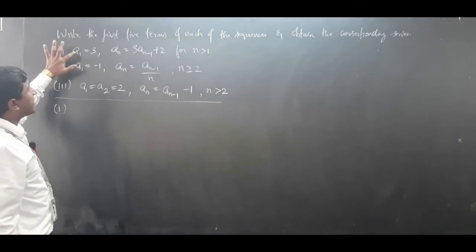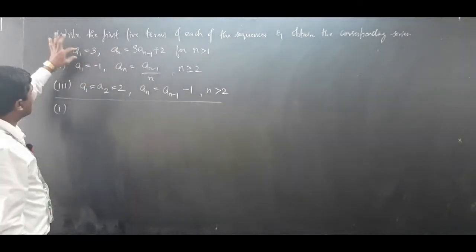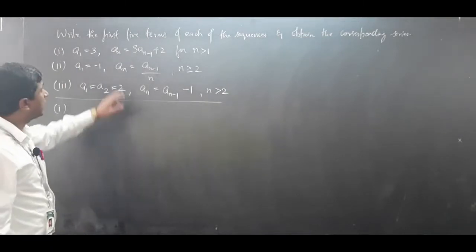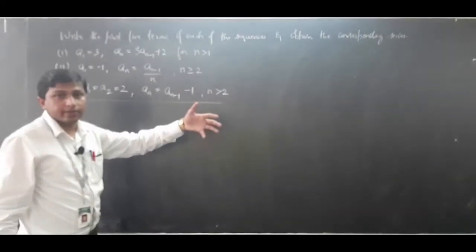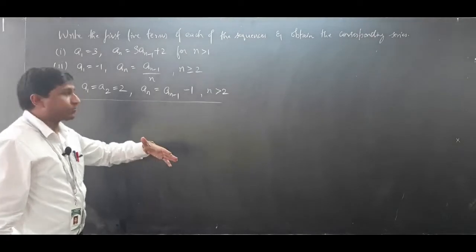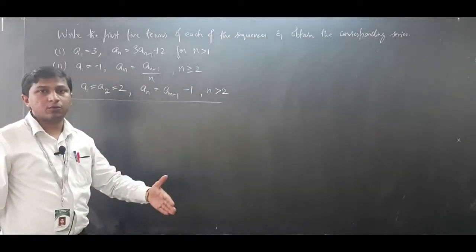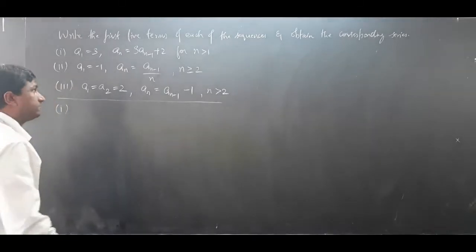We will start writing the first 5 terms. The first term is already given to be 3. We will calculate the next 4 terms: the second term, third term, fourth term and the fifth term.